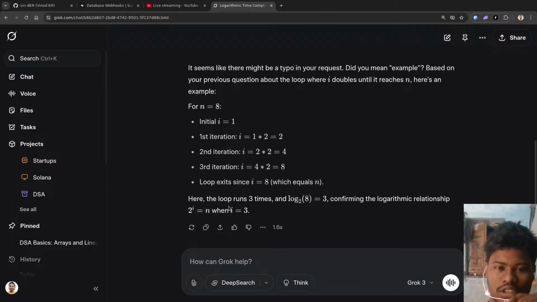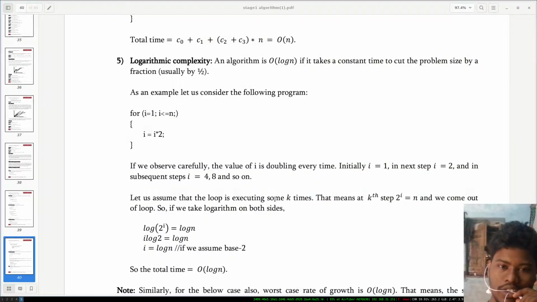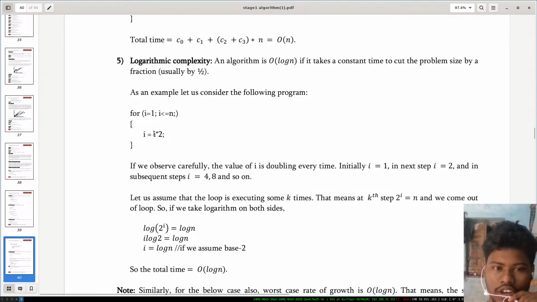Exit loop. So it runs 3 times. Okay, runs 3 times. Confirming the logarithm's relation with 2 to the power i.